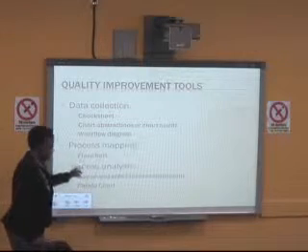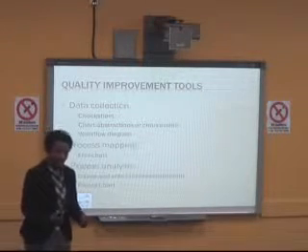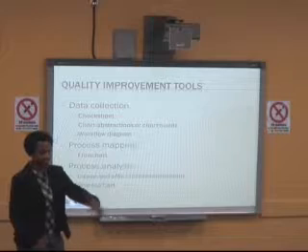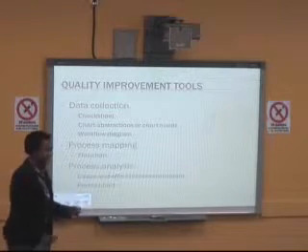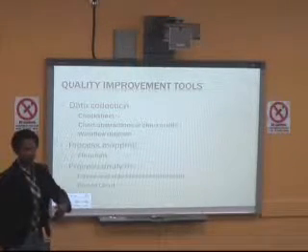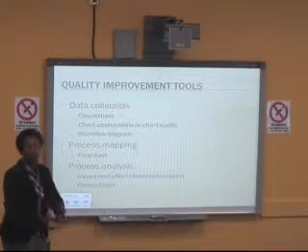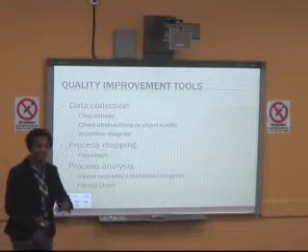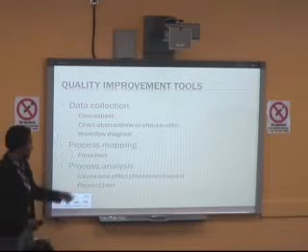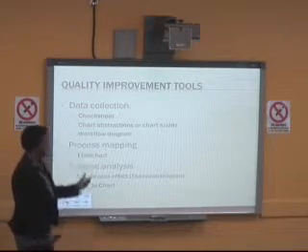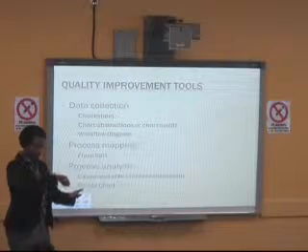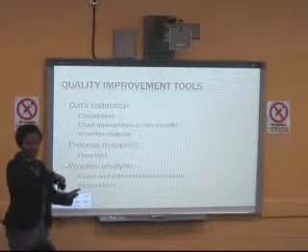So a flow chart might involve the patient coming in, going to the front reception desk, sitting down, going to the first room, usually to get your weight taken and your blood pressure, and then going to the next room, the examination room, where the physician comes in. And so the end product from a flow chart is an actual flow chart that shows everywhere that the patient went.